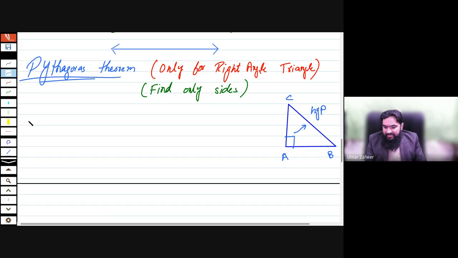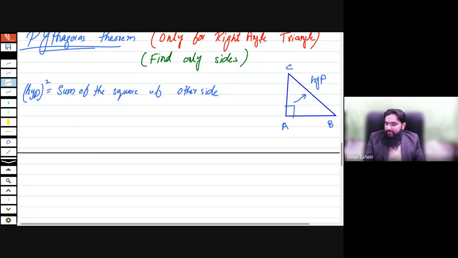The Pythagoras theorem says that the hypotenuse square is equal to the sum of the squares of the other sides. Maybe you have done this formula, c square is equal to a square plus b square.